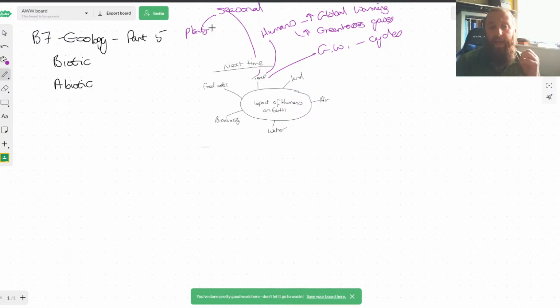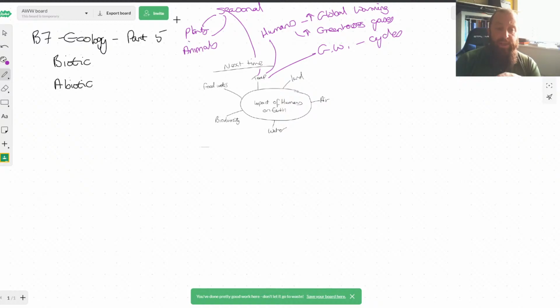We know that certain trees will lose their leaves and the sap will sink. But we also know that certain animals will migrate. So if we look at birds, they'll change their habits, they'll go to different areas. Some animals will go into hibernation.